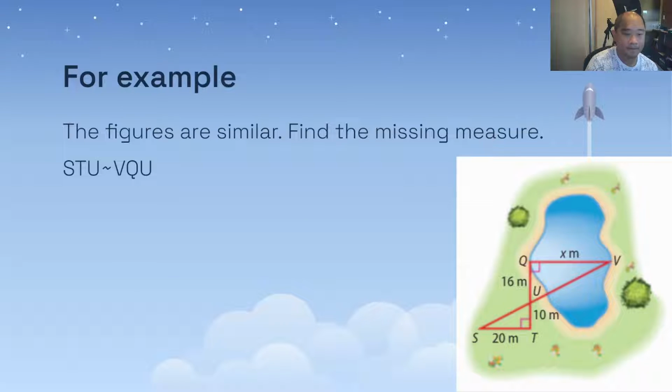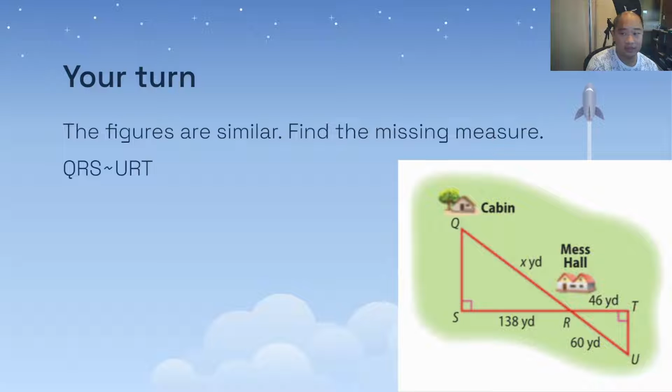Okay, your turn. Let's say that these two figures are similar, and they are QRS and URT. Find the missing measure. Welcome back. Okay, so let's go big over small again.